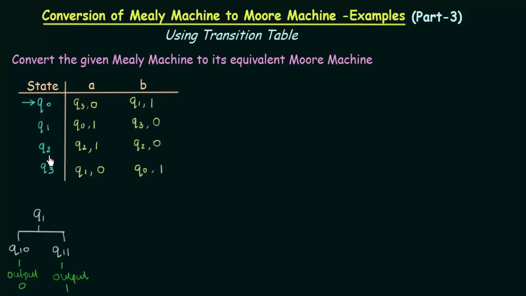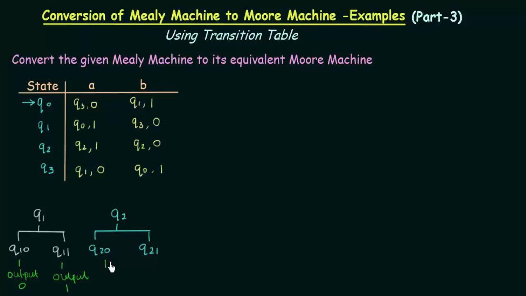Let's check state Q2. In this column we see that Q2 is giving output 1 and in this column it is giving output 0. So Q2 is also giving two different kinds of outputs. So I have to split state Q2 as well. Let me split this state Q2 into two states, which I will call state Q20 and state Q21.